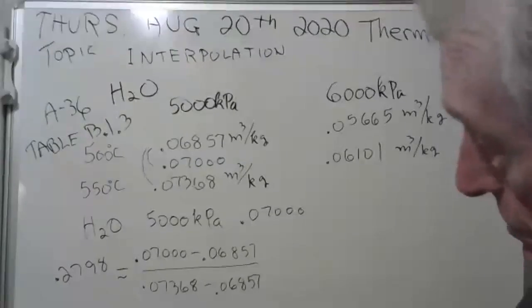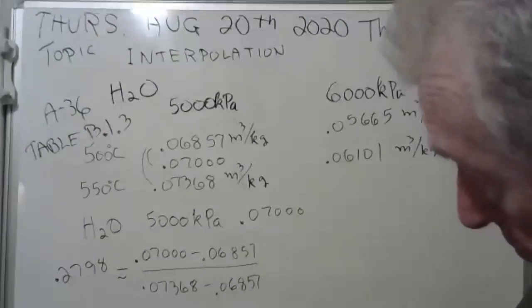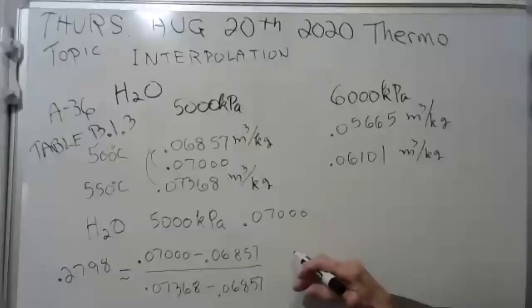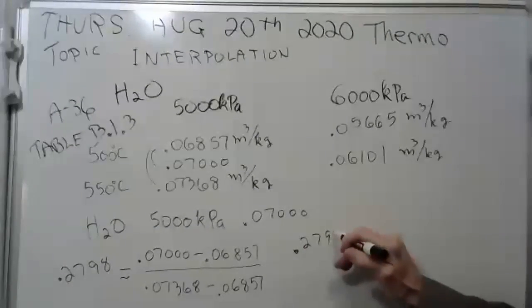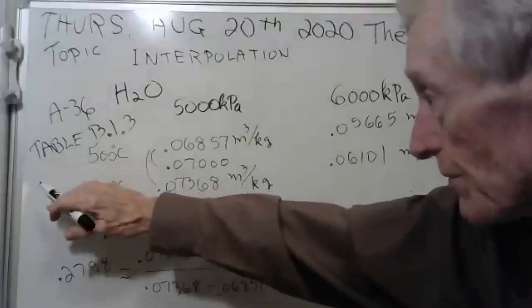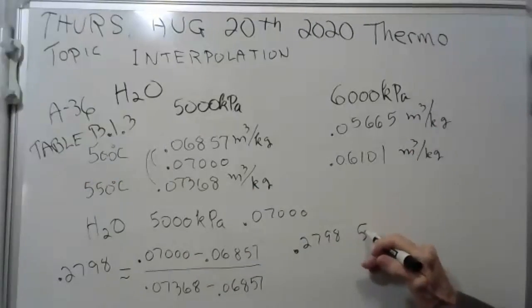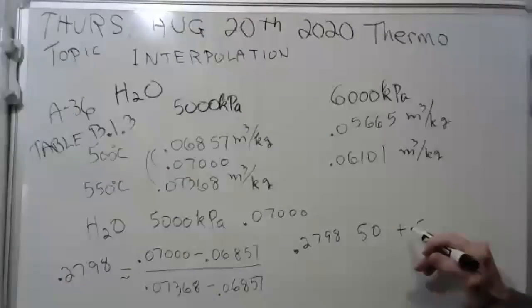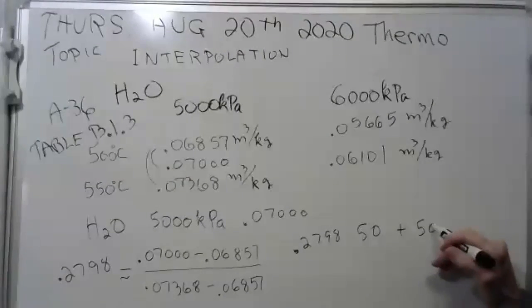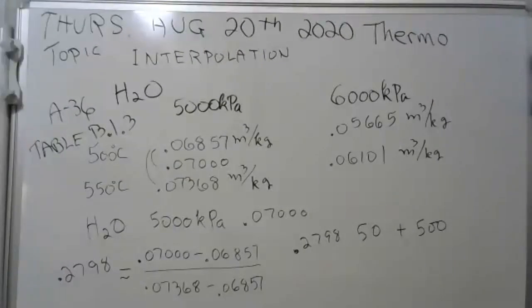So what you do is multiply that percentage, 0.2798, by this difference, which is 50. And then you add it to the 500. And that'll give you your new temperature. Okay, I'm going to do that now.